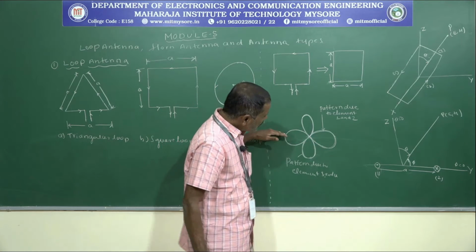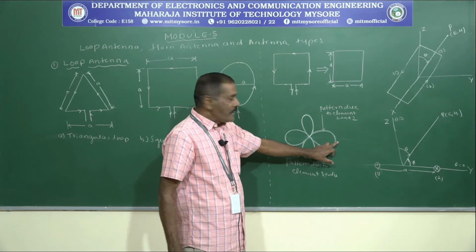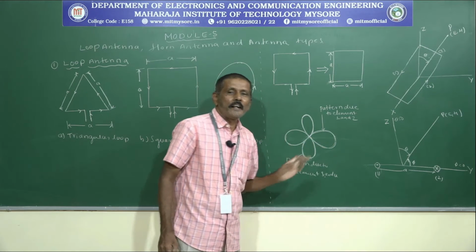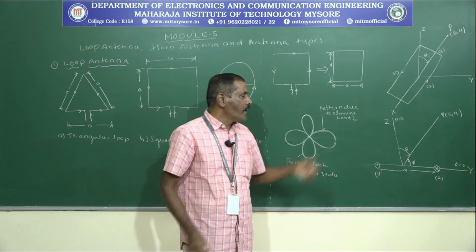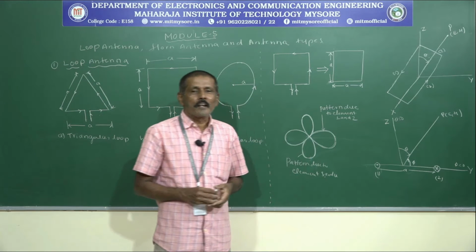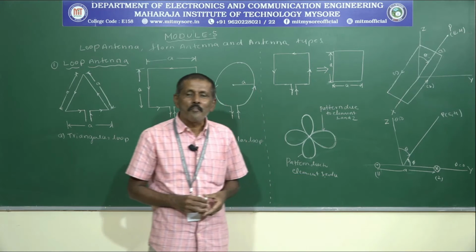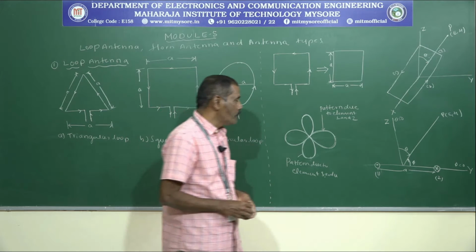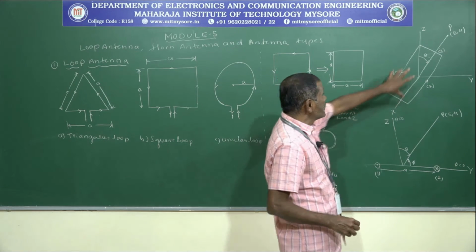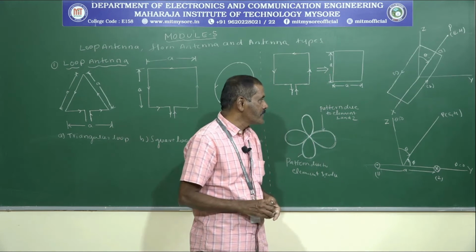That is, whatever patterns we are getting along the x axis at 0 degree and 180 degree are due to antenna elements 1 and 2, and whatever pattern we are getting along 90 degree and 270 degrees are due to elements 3 and 4. Now, the same diagram has been represented here.